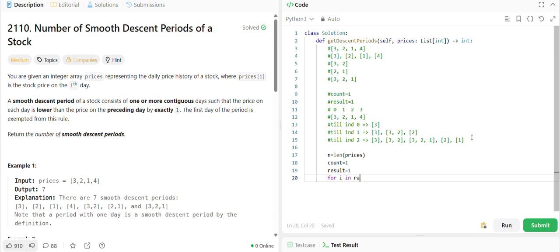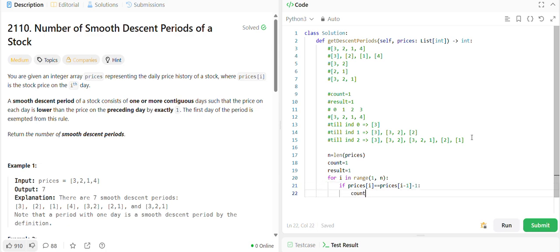So for i in range of 1 to n, we start from 1 until the end and check if prices at index i is equal to the prices at the previous index minus 1, because it must be lesser by exactly 1, right?